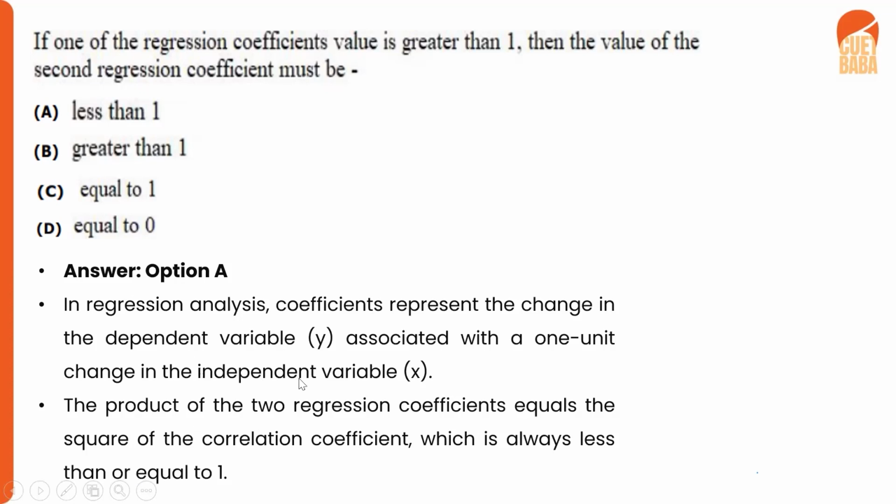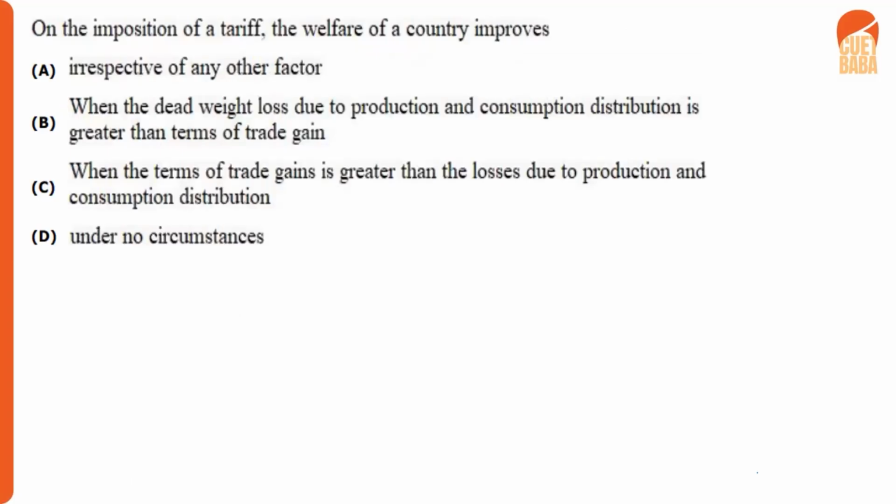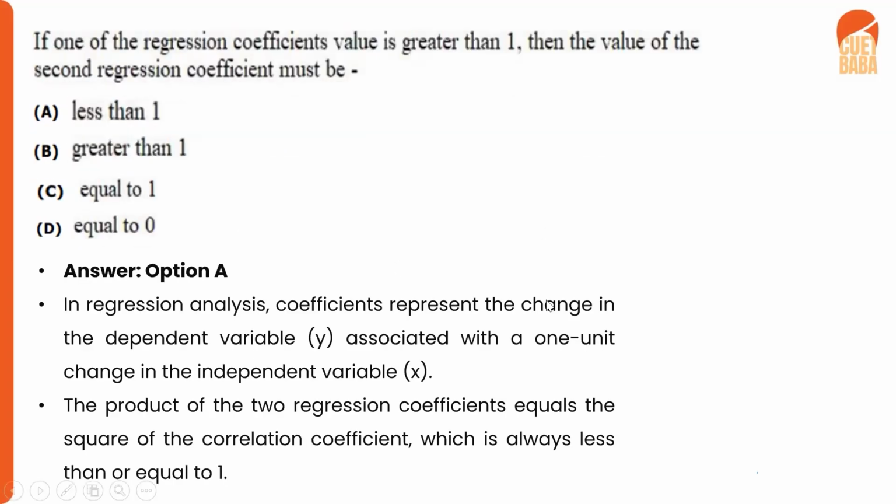So it's the product of two regression coefficients that would always be less than or equal to 1. So in that case, here it's given that one of the regression coefficients is greater than 1. Then in that case, the second regression coefficient would be less than 1. So it's a very logical question again.